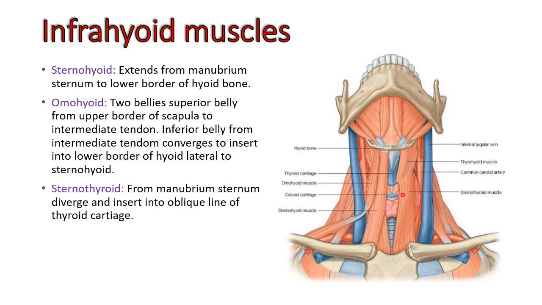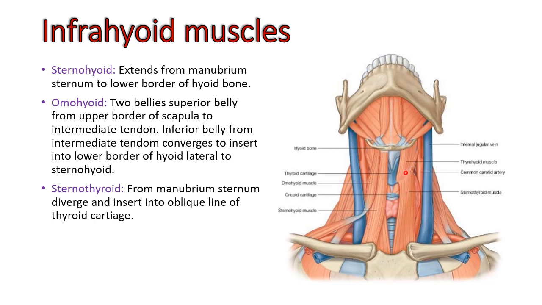And deep to the sternothyroid you can see the lateral lobe of the thyroid gland. Actually the lateral lobe is sandwiched between the sternothyroid muscle and the inferior constrictor muscle of the pharynx.